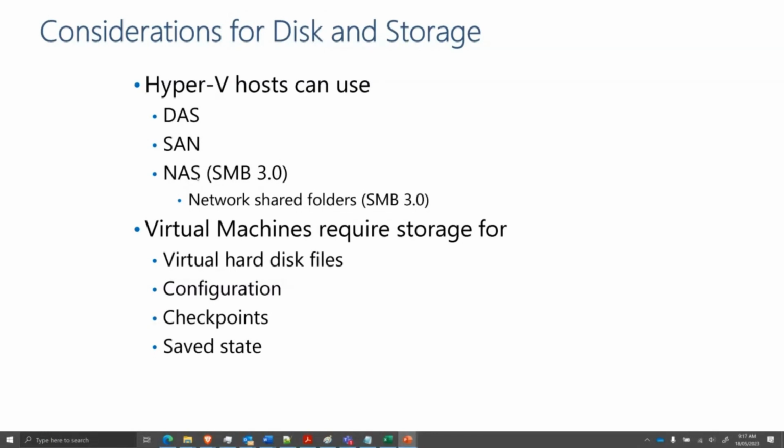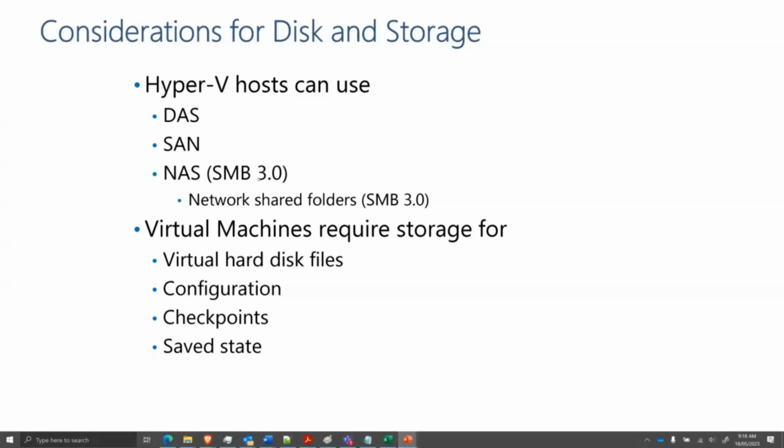Unlike vSphere, which uses NFS for NAS, in this case we can use SMB3. That's the Windows network sharing, but it's a share for applications. Instead of just sharing a folder, you need to create it as a share for applications. It's done in a special way.